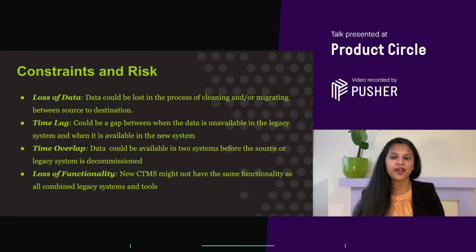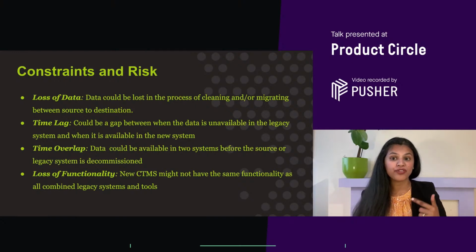As part of the migration strategy, key areas of risk and constraints which need to be considered are potential data loss during migration because of cleaning, transformation, and various mapping activities.